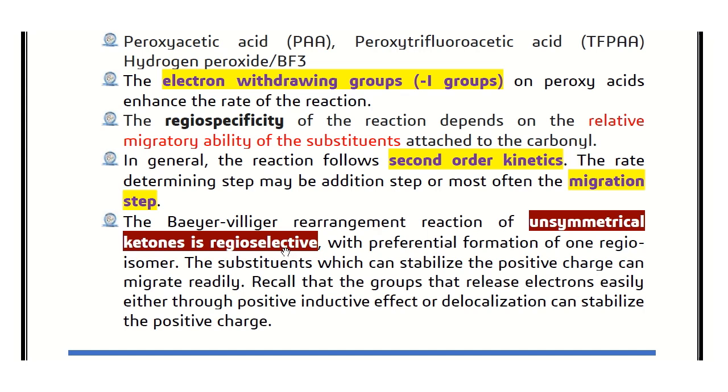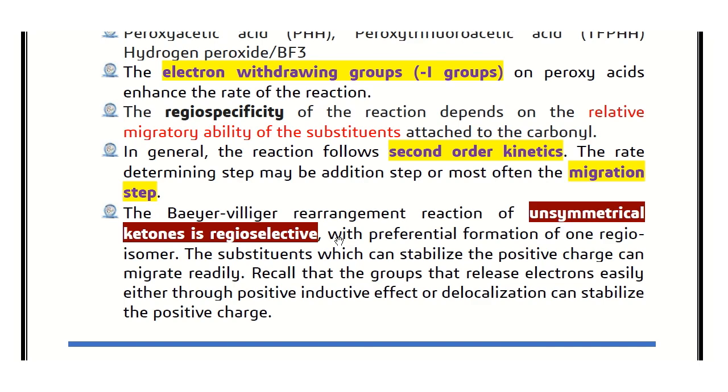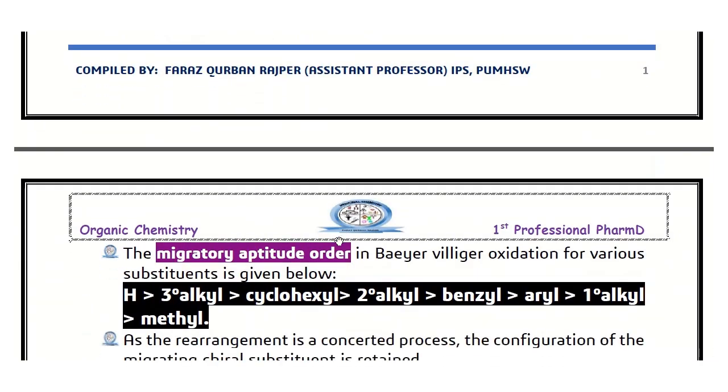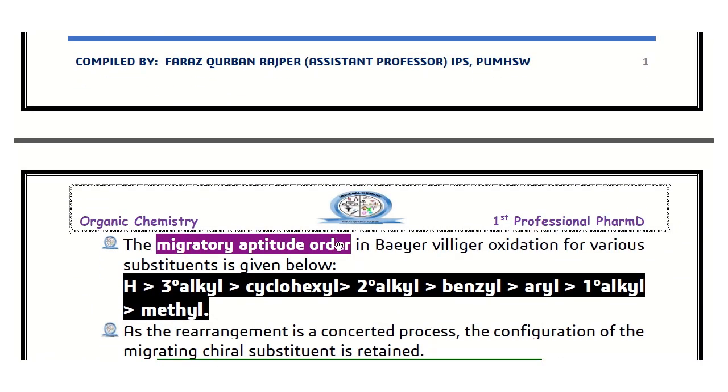So in order to stabilize it, that alkyl group will be shifted towards the oxygen, which has the greater positive inductive effect, because it will donate or release electrons, and in this way it will stabilize the oxygen. That is basically the regioselective parameter of the Baeyer-Villiger oxidation reaction. So for that we have the order, that is the migratory aptitude order.